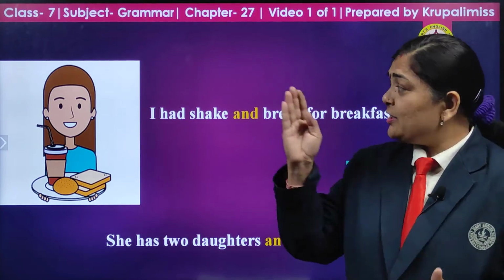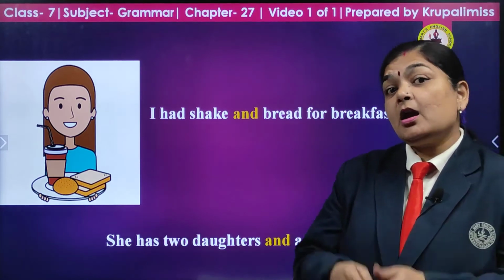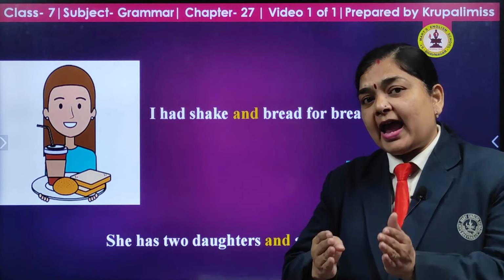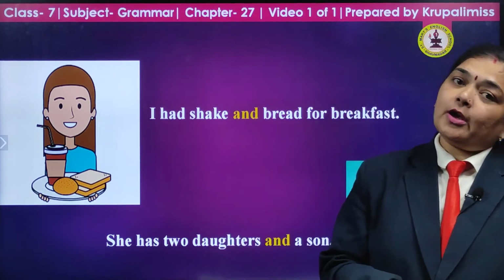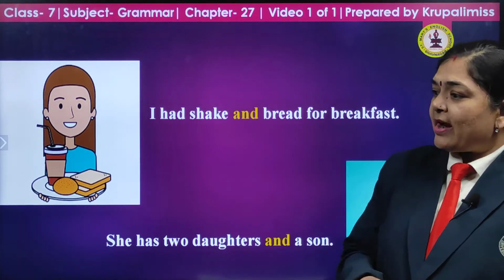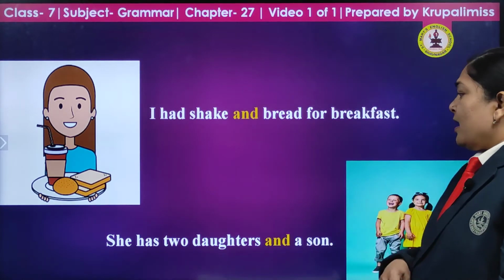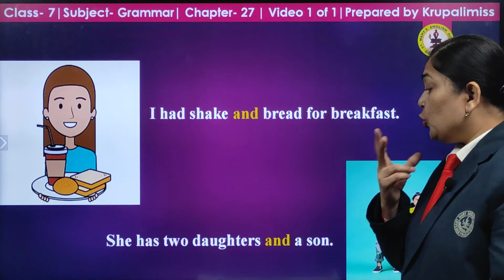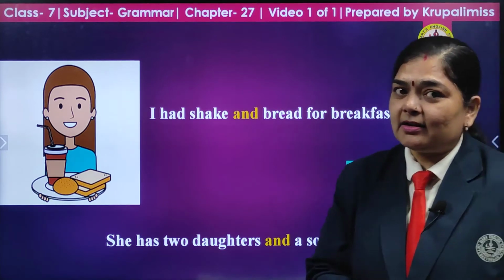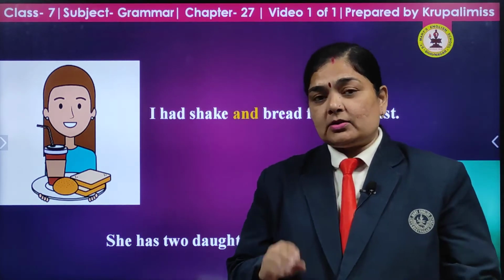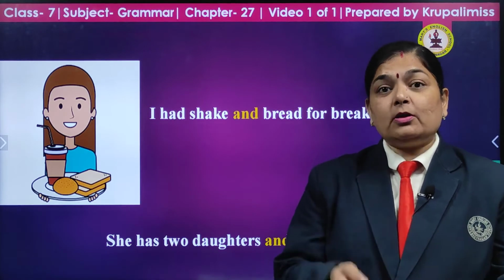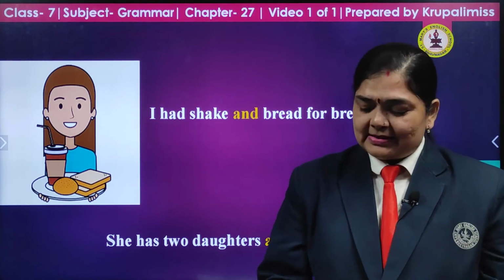So the girl is having bread and a coffee for breakfast. Right children? Now, you can see she has two daughters and a son.